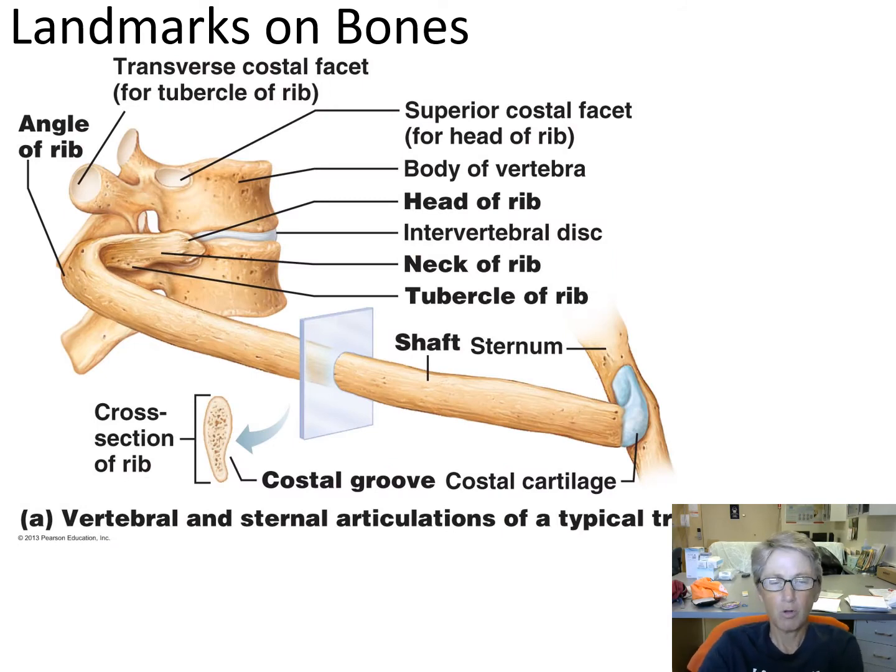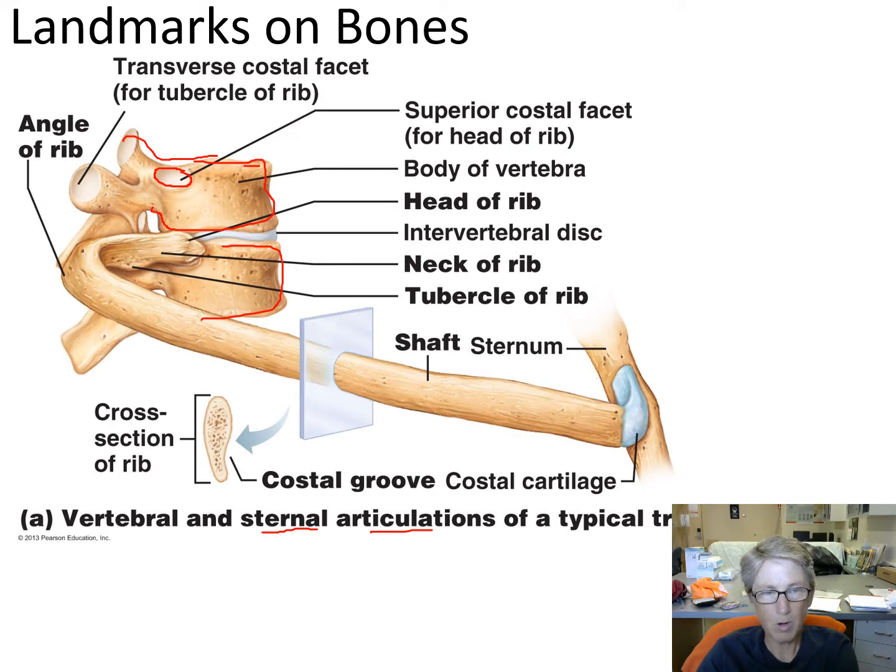This cartoon just shows the vertebral and sternal articulations, or joints, of a typical vertebra and rib. So here's a vertebra, and then here's another vertebra here. And this piece right here, we were talking about facets for forming joints.